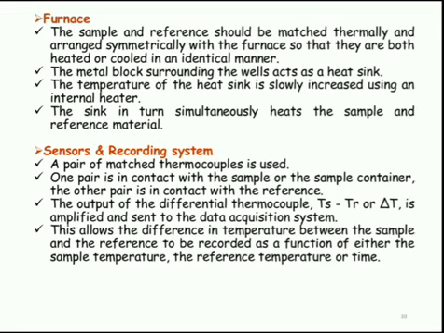The output of the differential thermocouple, that is TS minus TR, or the delta T, is amplified and sent to the data acquisition system. This allows the temperature difference between the sample and the reference to be recorded as a function of either the sample temperature, the reference temperature, or time.